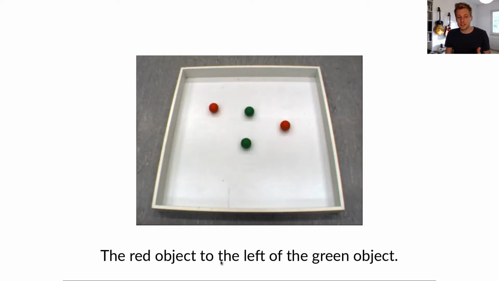And then as I say more, as I say to the left of the green object, you then revise that hypothesis and you reject it and say, oh, that can't be right. You must be talking about this object. And this is also something that happens in the model, and the model has to solve the problem of establishing hypotheses and then checking or rejecting whether they're true or not.